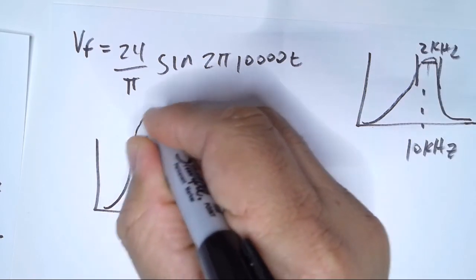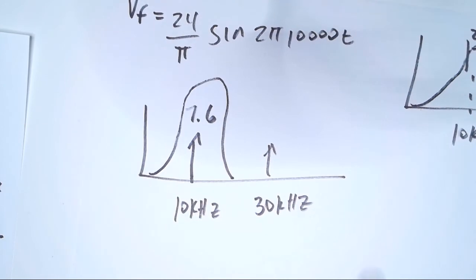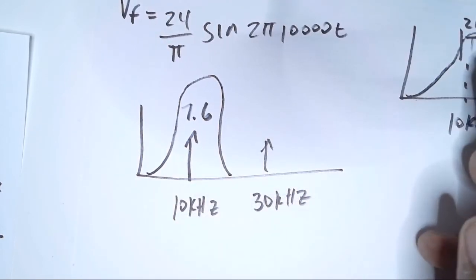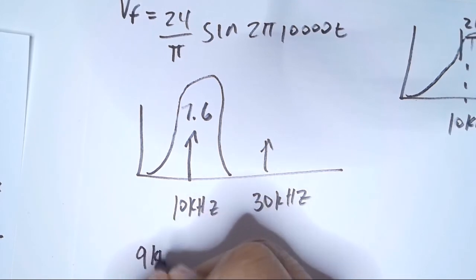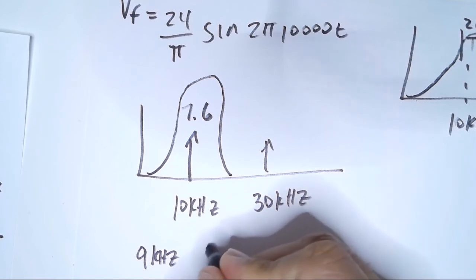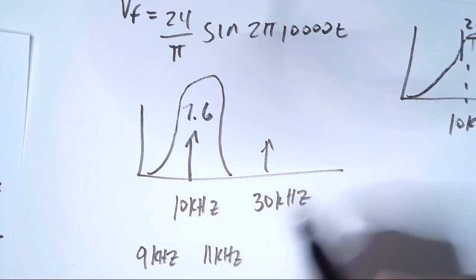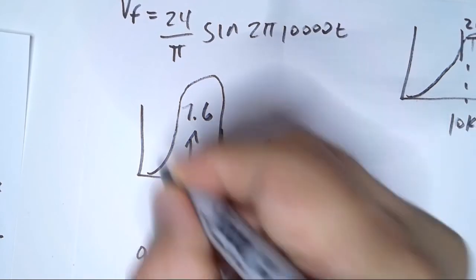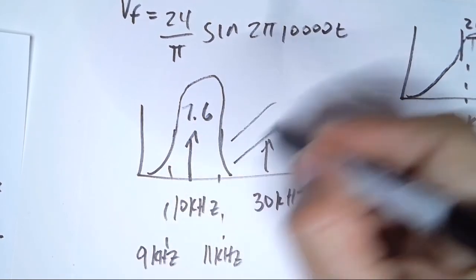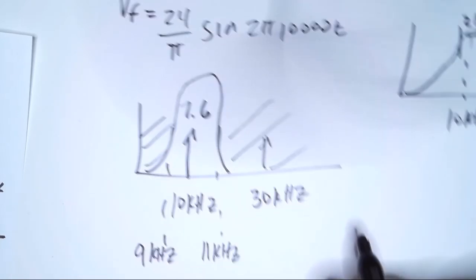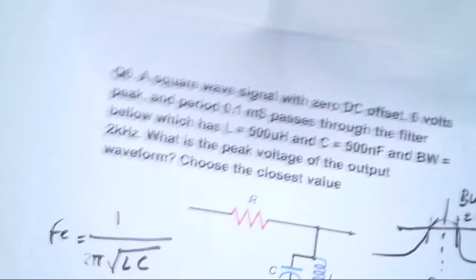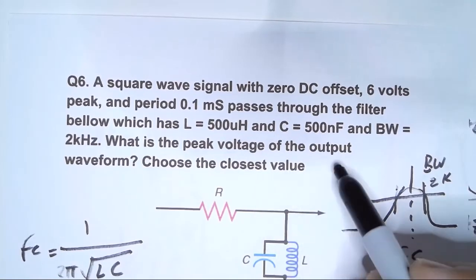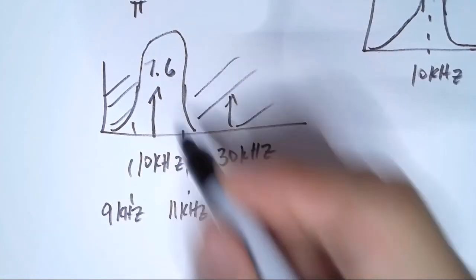That means that the filter will allow frequencies 1 kilohertz to either side, from 9 kilohertz to 11 kilohertz. Anything beyond those frequencies will be attenuated. Therefore, let's go back to the question. The peak voltage of the output waveform is going to be 7.6.